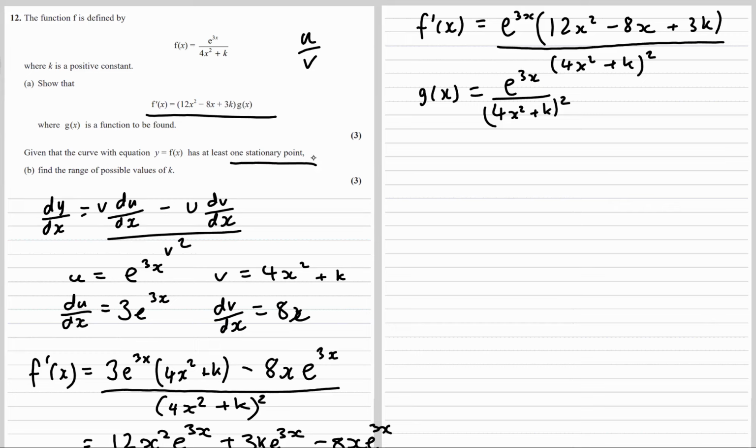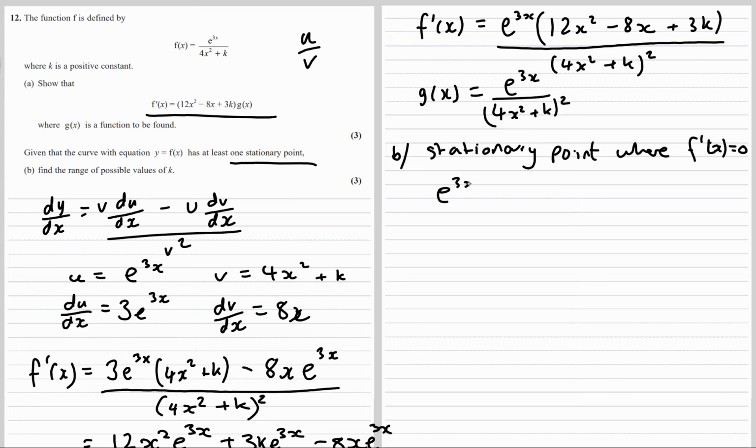Part B, given that the curve has at least one stationary point. So stationary points are where the gradient is 0. So the gradient's at 0 at least one point. So where is it 0? Let's start with that. So stationary point is where f dash x equals 0.